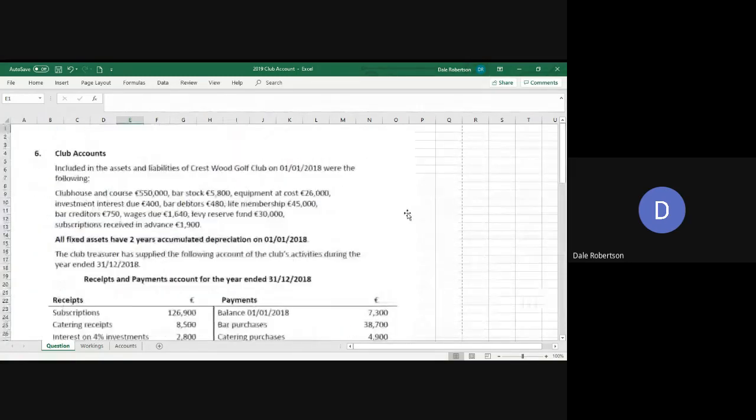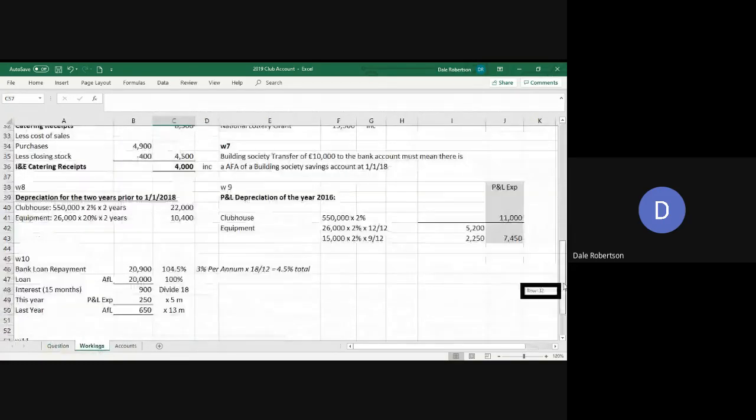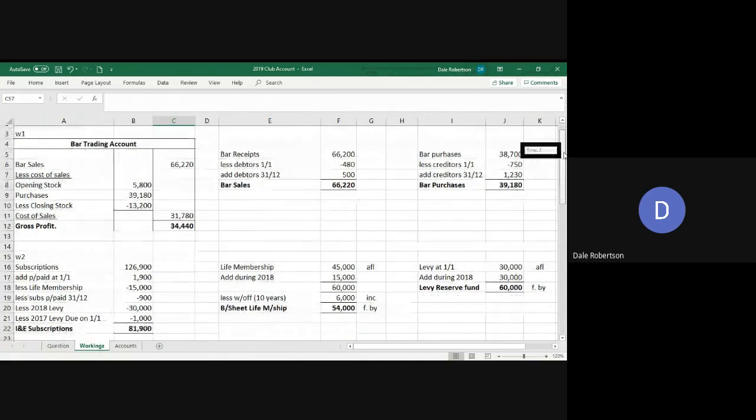And similar to what I do in class, the very first workings that I always do in a club account are the bar trading account, and then secondary to that, the subscriptions. And when you do both of those, you'll find that you have got a lot of the information already covered. So working horizontally here, we're going to look at first off at the bar trading account.